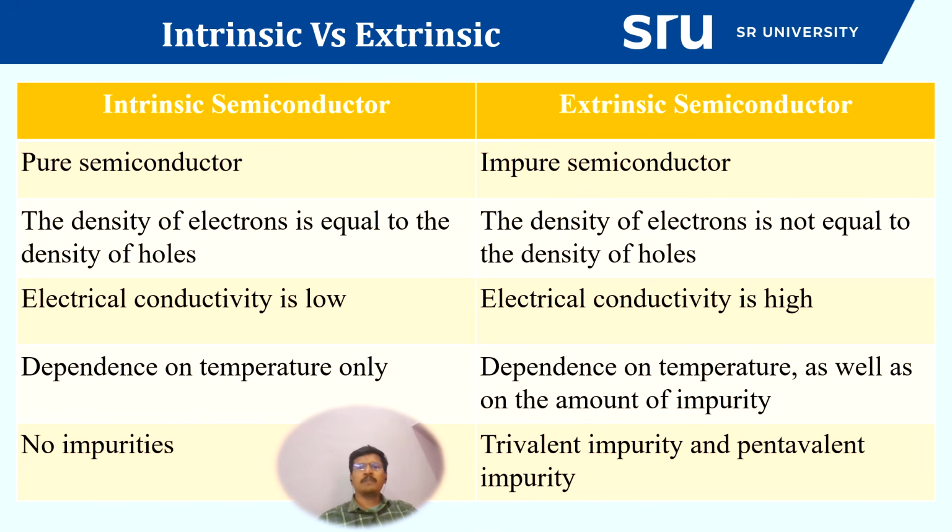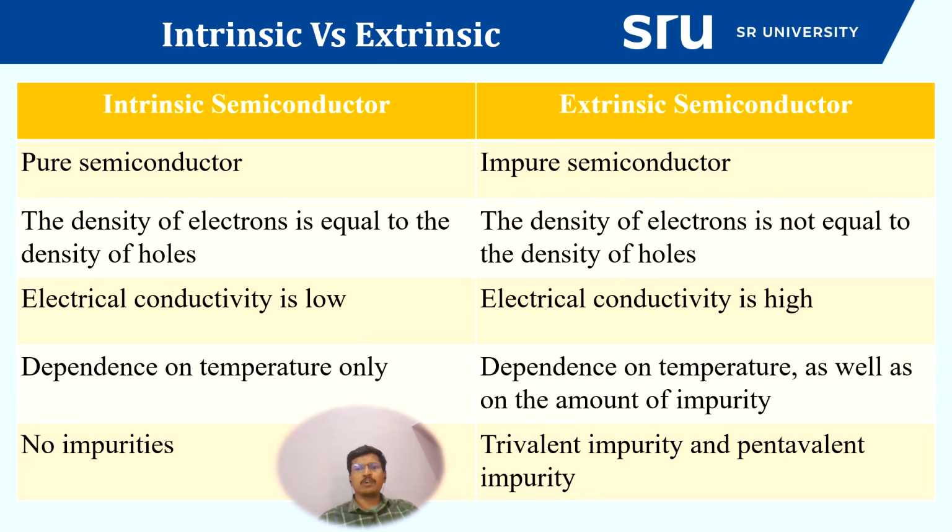Either electrons or holes are the majority charge carriers, in n-type and p-type semiconductors respectively, because doping increases one type of charge carrier significantly.